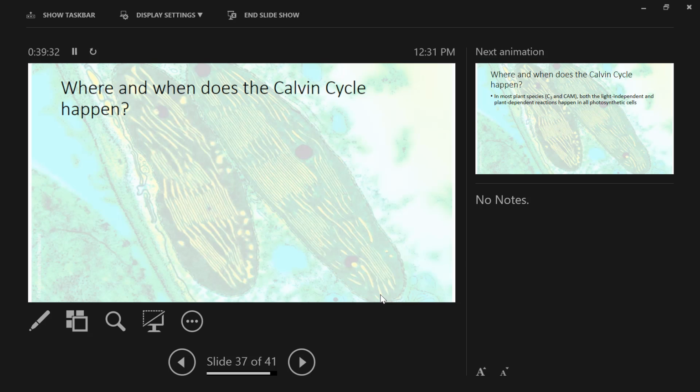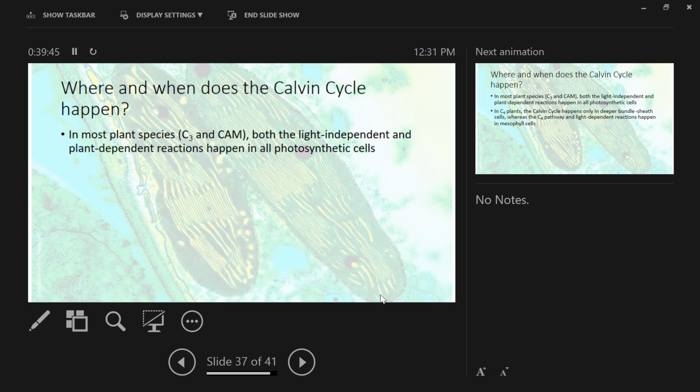But the only way to actually generate the G3P that you need to make the equivalent of sugars, you have to have the C3 pathway, or the Calvin cycle. So in most plant species, C3 plants and CAM plants, both the light-independent and the light-dependent reactions happen in all photosynthetic cells.